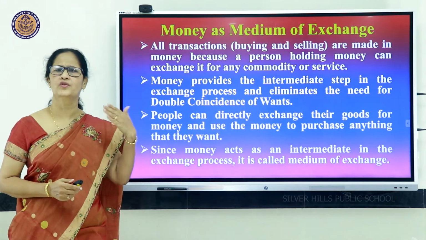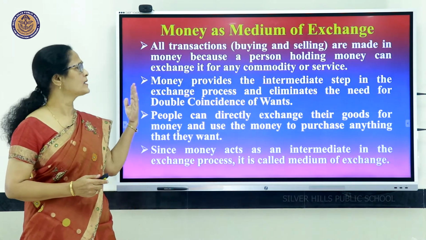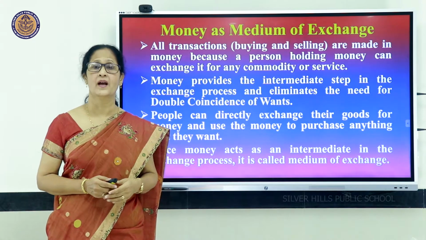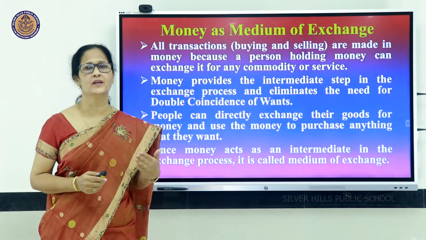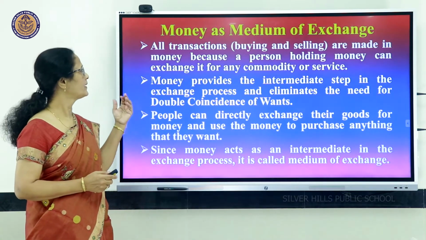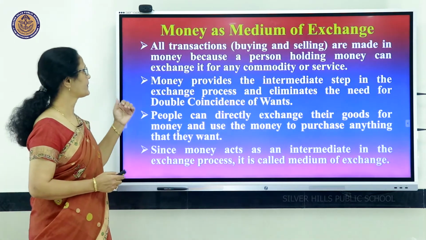So what is the use of money? Or why is money called a medium of exchange? And how does it solve the problem of double coincidence of wants? That is your next question. Why is money called a medium of exchange?